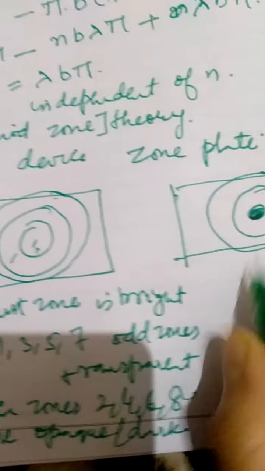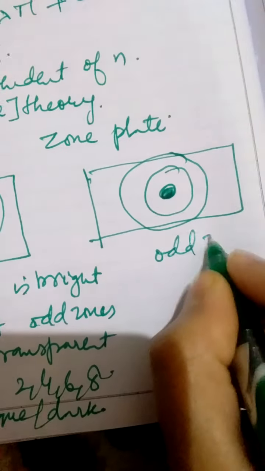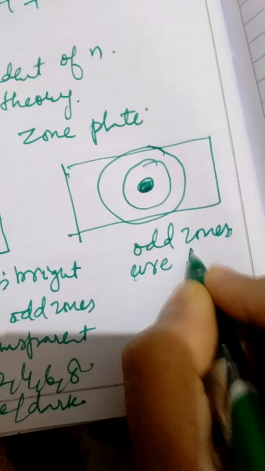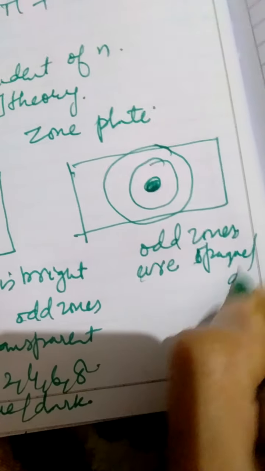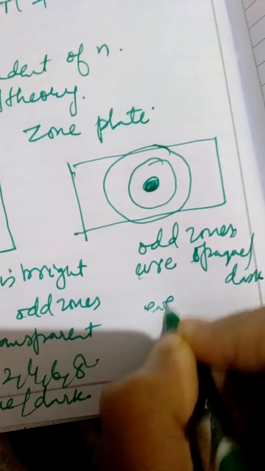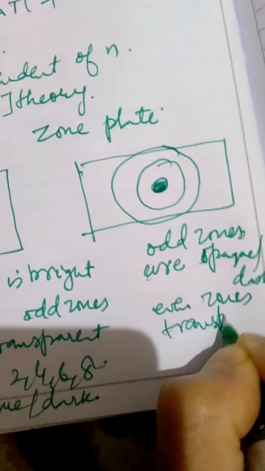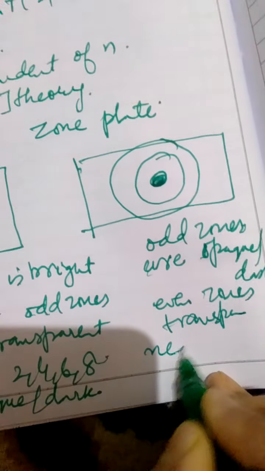And if the odd zones are opaque or dark and even zones are transparent, then it is called a negative zone plate.